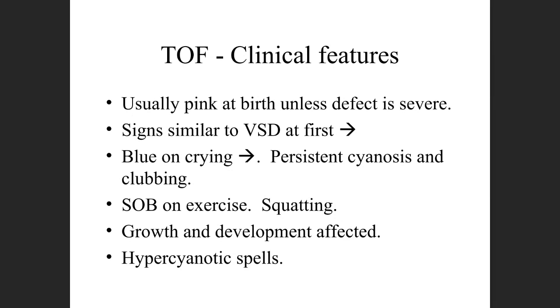All right, so the squatting will reduce the right to left shunt and decrease the cyanosis. Once these patients become cyanosed, there is decreased growth and development is delayed. They are also prone to developing hypercyanotic spells.